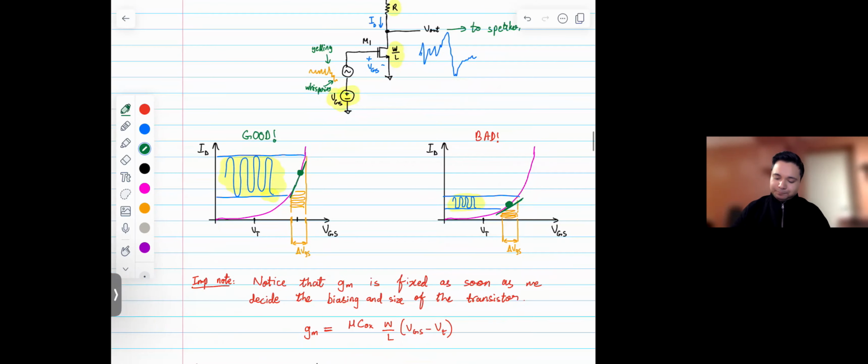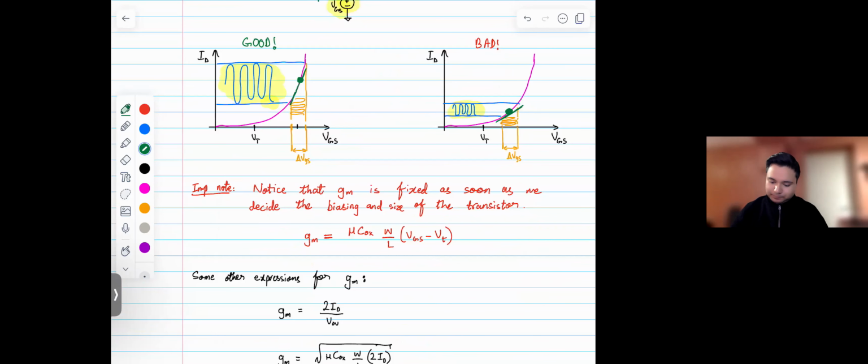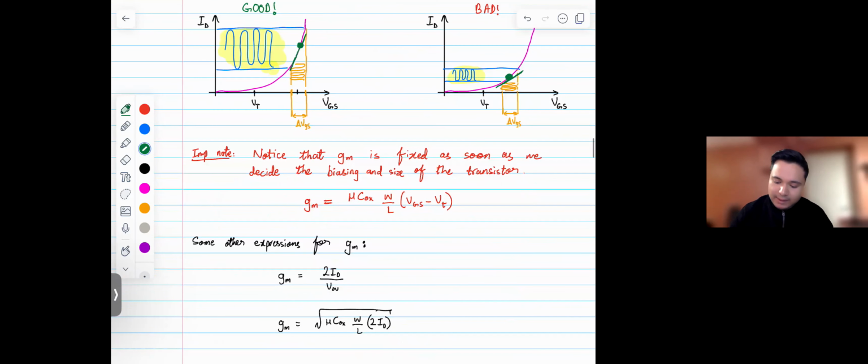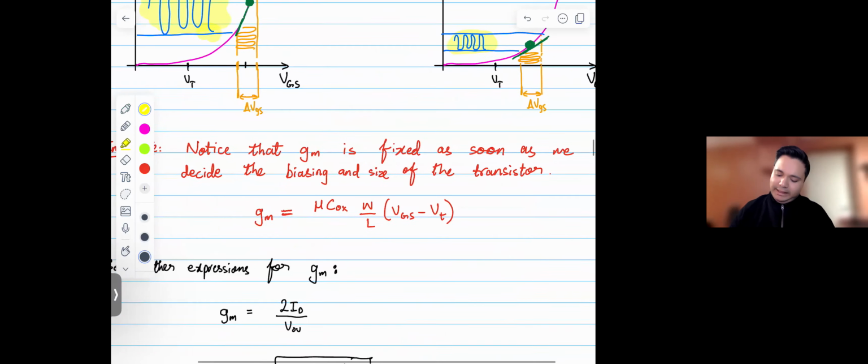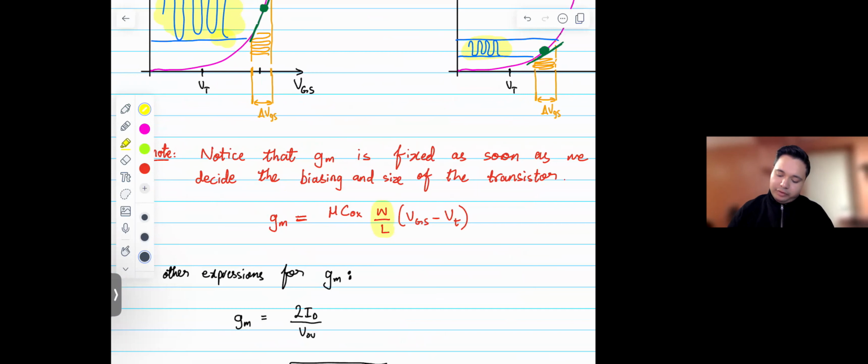Another important note here is that if you look at the GM expression that we had derived, and look at it carefully, we have W over L and we have VGS. So from a designer's perspective, as long as you size your transistor and as long as you set your VGS, your GM is fixed, right?